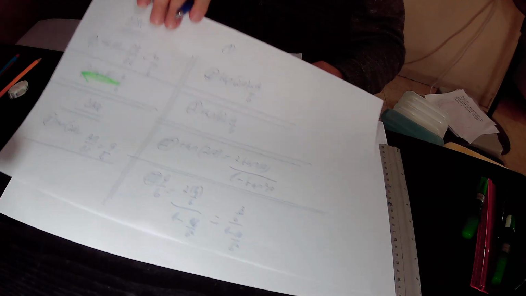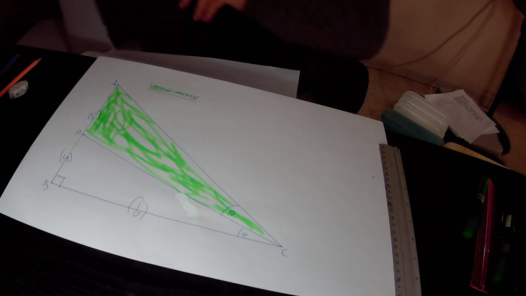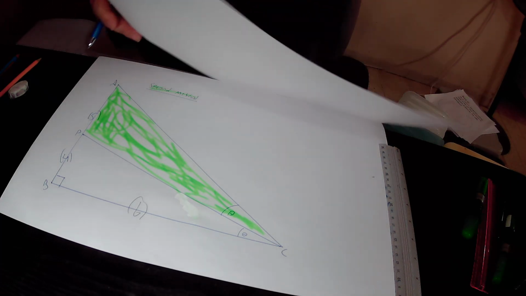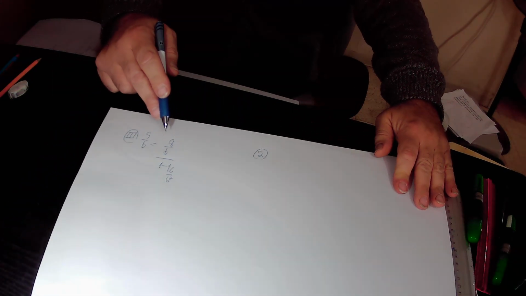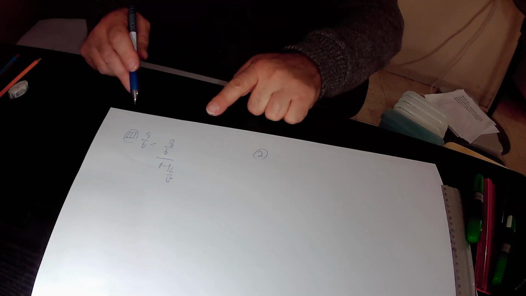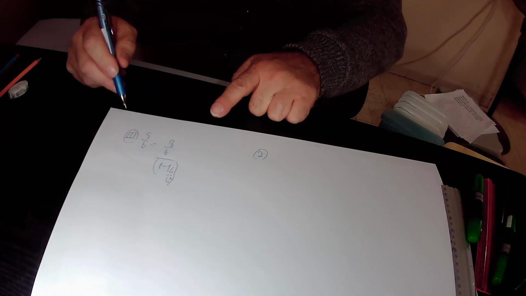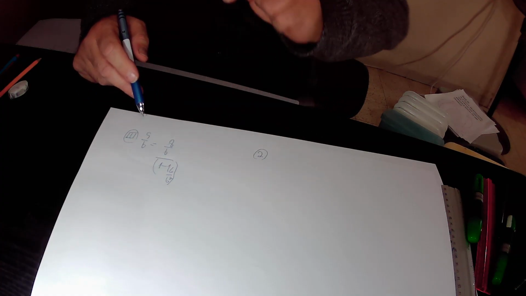Then again, according to equation 3, 9 over B equals 8 over B over 1 minus 16 over B squared. So here we multiply this equation 3 by 1 minus 16 over B squared.